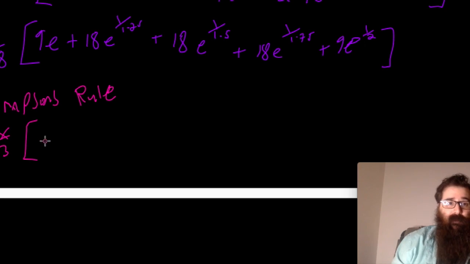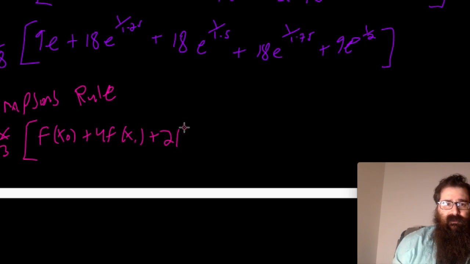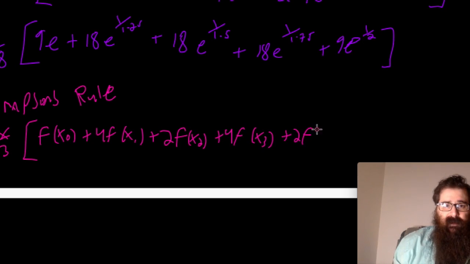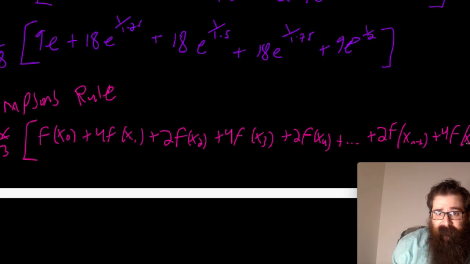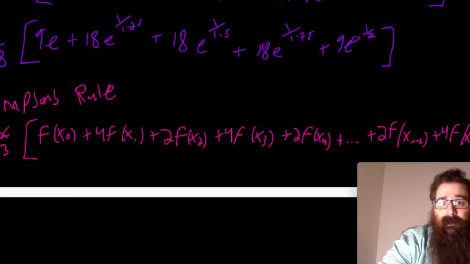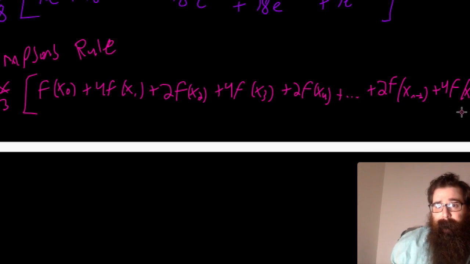Then inside the parentheses, we're going to have f at x sub 0 plus 4 times f at x sub 1 plus 2 times f at x sub 2 plus 4 times f at x sub 3 plus 2 times f at x sub 4 plus so on and so forth, plus 2 times f at x sub n minus 2 plus 4 times f at x sub n minus 1 plus f at x sub n.